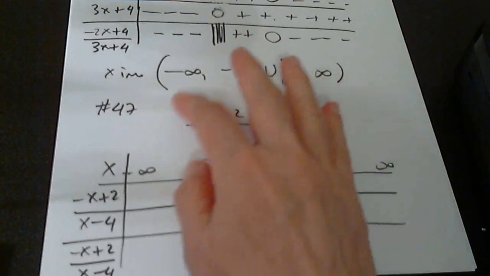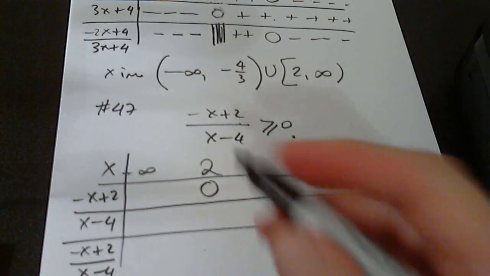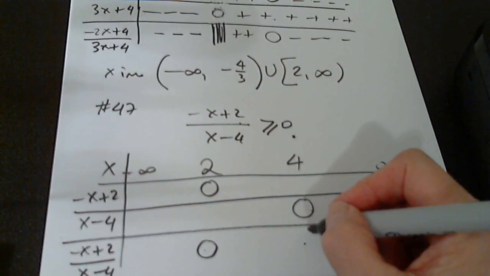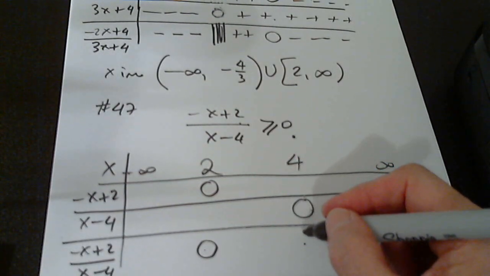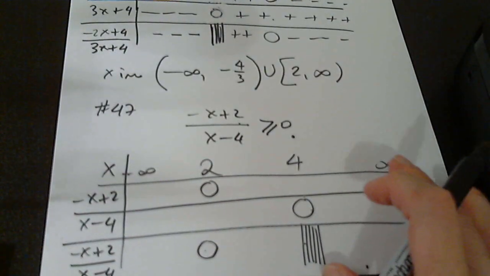We just said that a fraction is 0 when the top is 0. A fraction is undefined when the bottom is 0. When it's 2, it's 0. Yes. And when it's 4? It's undefined. That's it. Good.